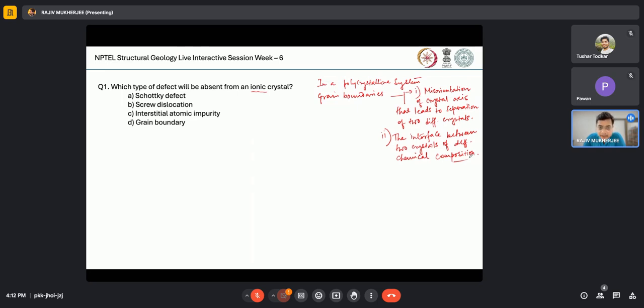Otherwise, dislocation and grain boundary are mechanically originated defects. Mechanically produced defects.